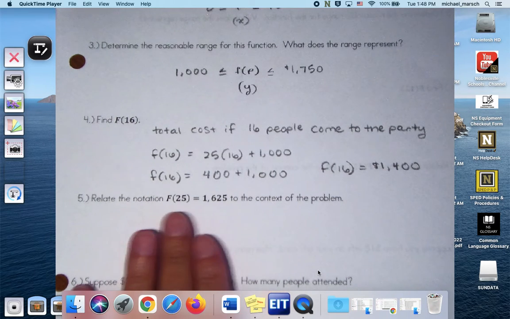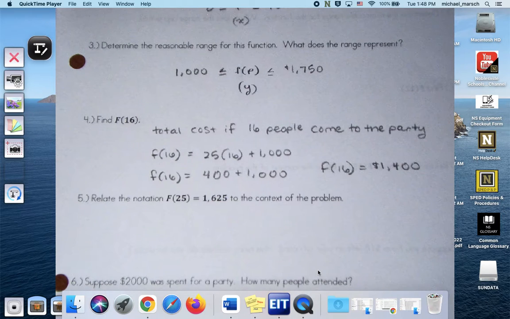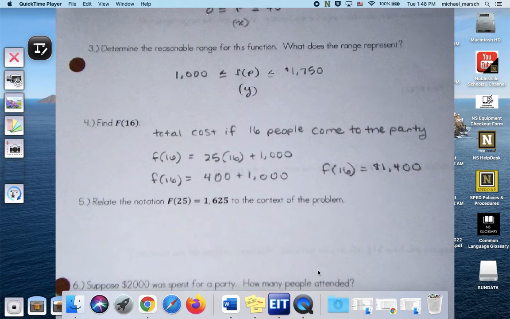All right, what does this mean? If I tell you the f of 25 is 1,625, what does that mean in the context of this situation? What does that tell me? What do you think, Kike? Something times 25 is equal to 1,625. Not quite. What do you think? Yes.